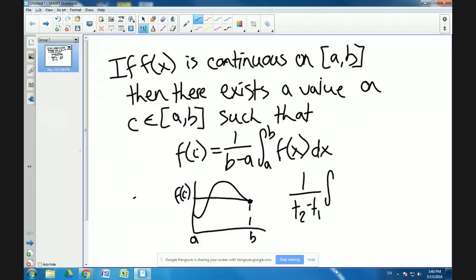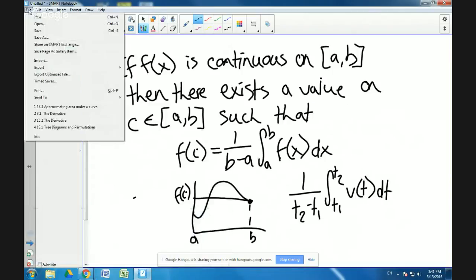So 1 over t2 minus t1, for any time interval, times the integral from t1 to t2 of your velocity function with respect to time. Those are just common examples you might come across. So you could have just some regular function f of x, and you could also have a velocity function. Okay, so let's do some examples.